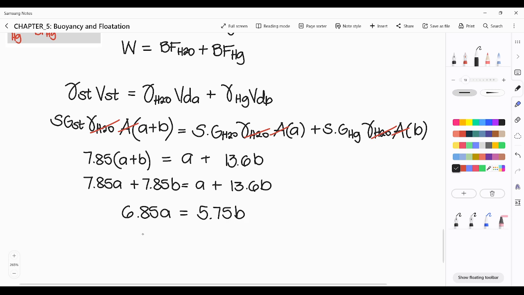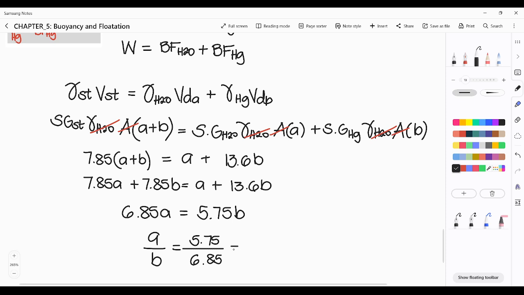And to get the ratio of A to B, divide lang natin sila ng 6.85 at saka ng B. So, lipat ko to sa ilalim. The ratio of A over B is simply 5.75 all over 6.85.